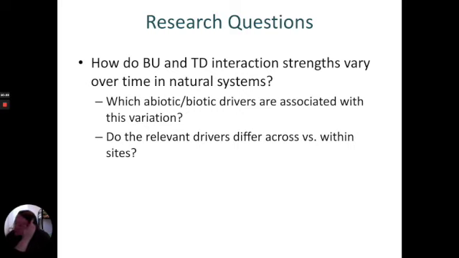And we were also interested in what environmental drivers were associated with changes in species interactions, to think about how climate change might impact the relative importance of different interactions in food webs. And we also asked if the environmental drivers differed across versus within sites.